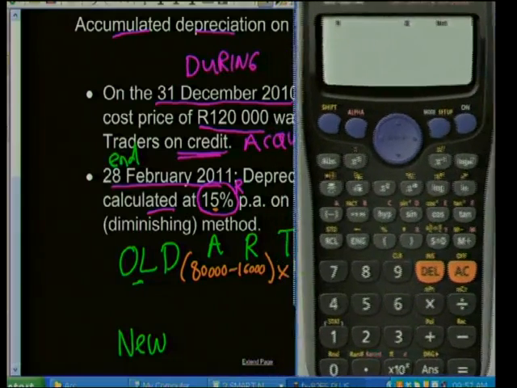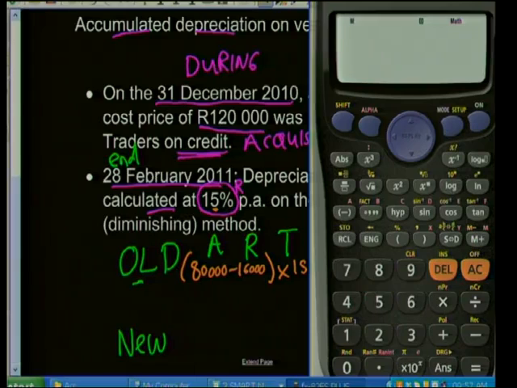Let's just move that. So we've got 80,000, which is my cost, minus 16,000. So it's got a carrying value of 64,000. 64,000 times the rate of 15% will give me a depreciation that I've got to write off of 9,600.